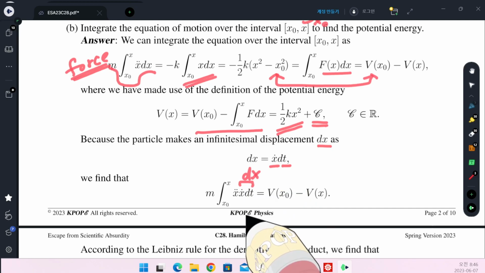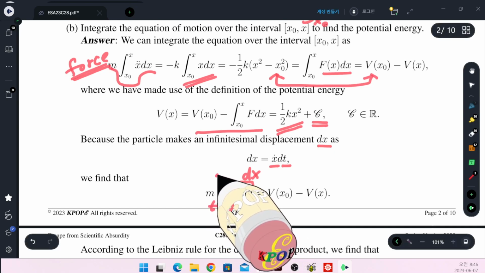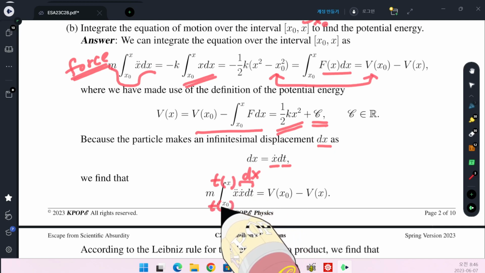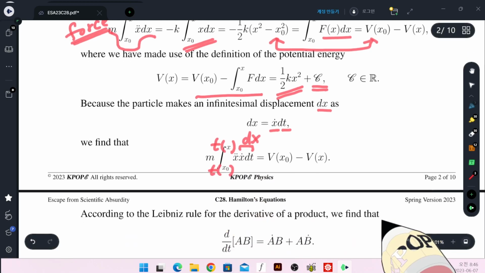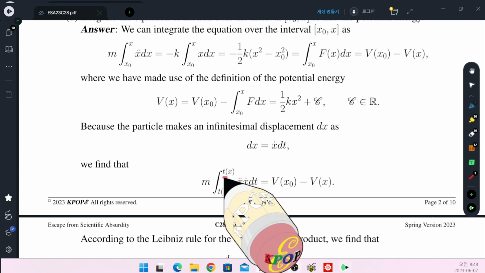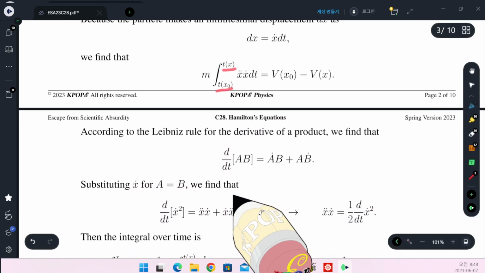Because of the change of variable, it's better to rewrite this one at the time when the position is at x0, and the time when the position is at x. So let me correct this one. All right, I have replaced this value with the corresponding time.